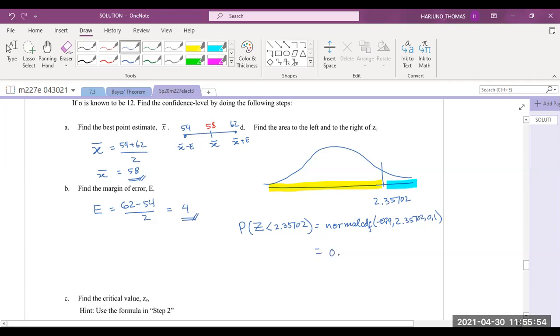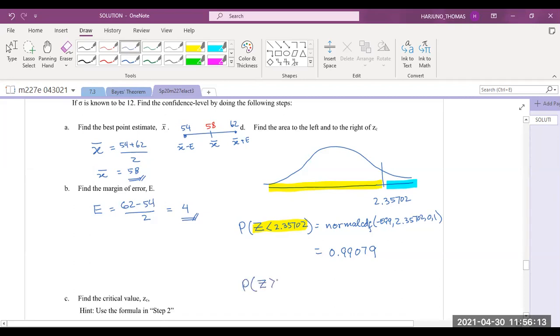I get 0.99079. That's the area, which is the probability to the left of that Z-score. How about the area to the right?